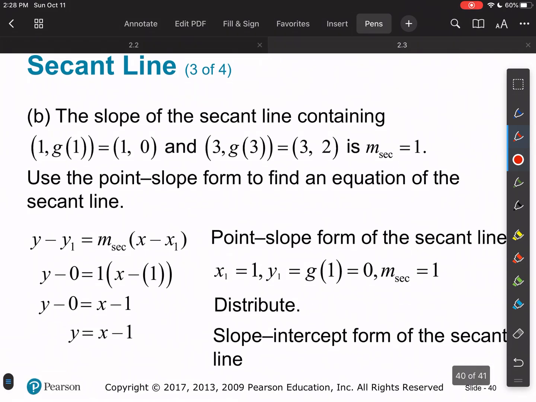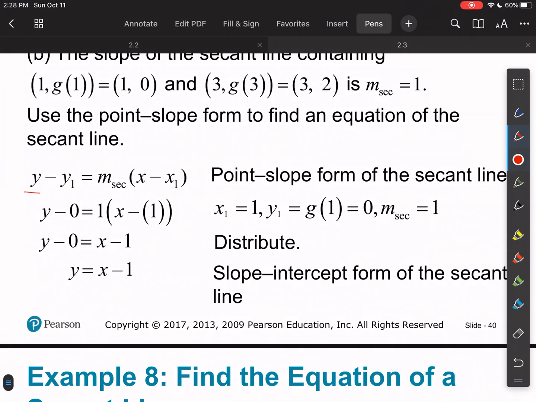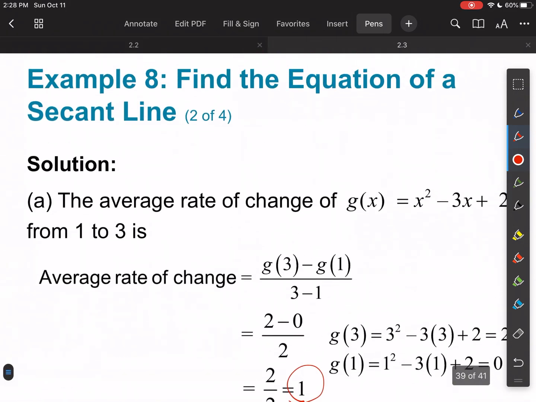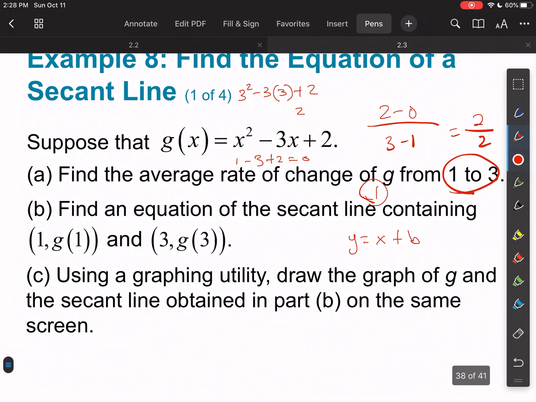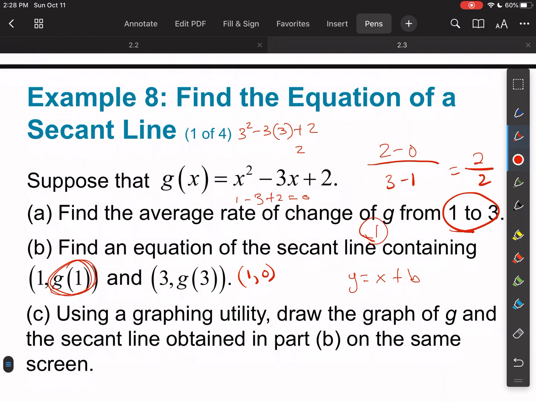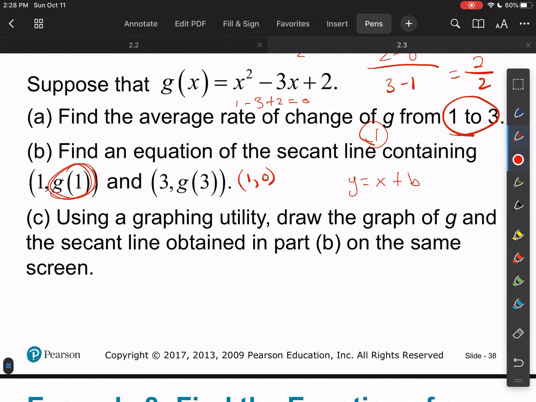They use the point slope form, which is fine. So we know one of our points, right? If I plug a 1 back into the function, it'll give me g of 1. When I plug a 1 into this function, I got 0. So I know that one of my points is 1 comma 0, and I know my slope is 1. So I'm going to use my point slope form.